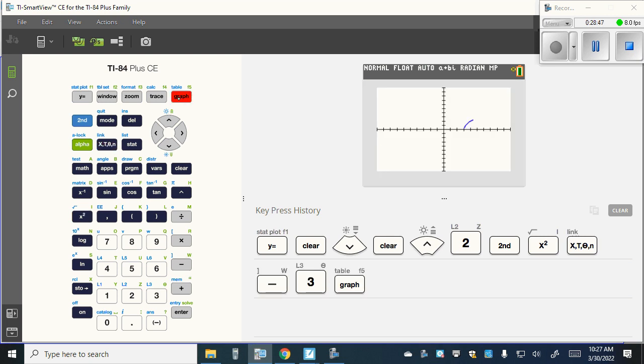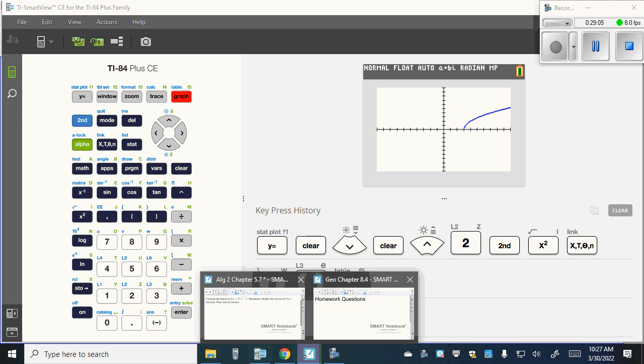And graph. Okay, that does pass the horizontal line test because it is going to continue to increase and it only crosses that line once. So its inverse will be a function.